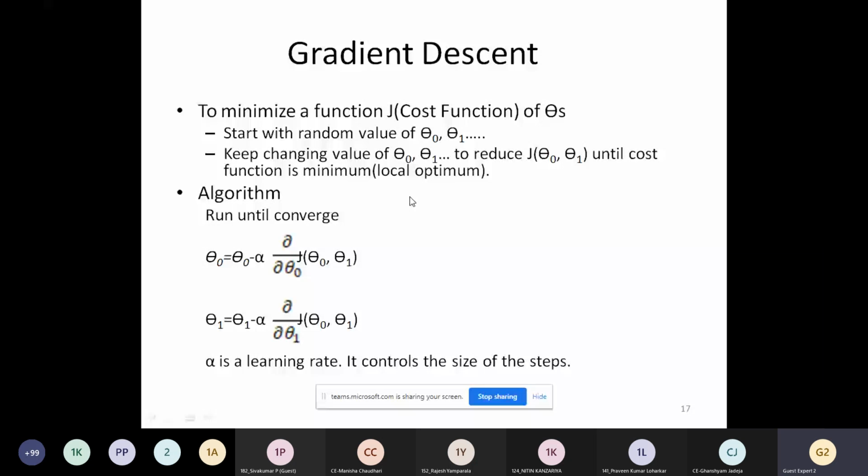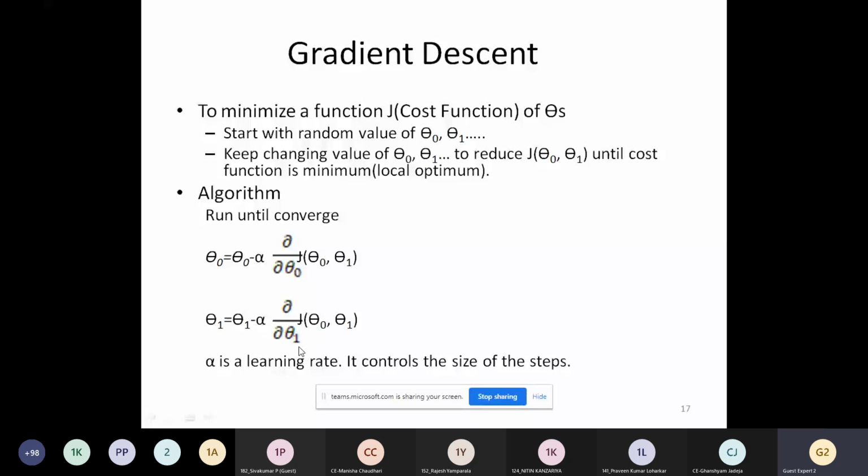For that, the gradient descent algorithm uses these two equations. Though it is simple linear regression, we have theta 0 and theta 1. So theta 0 is equal to theta 0, that is the previous value of theta 0, minus alpha into the partial derivative of the cost function with respect to theta 0. And theta 1 is equal to theta 1 minus alpha into the partial derivative of the cost function with respect to theta 1.